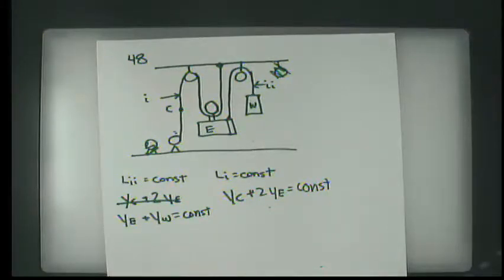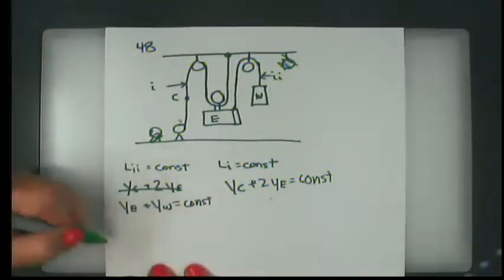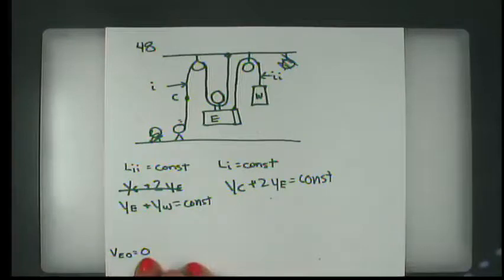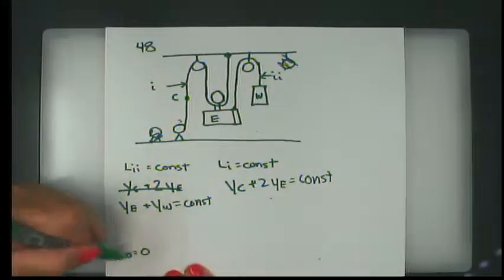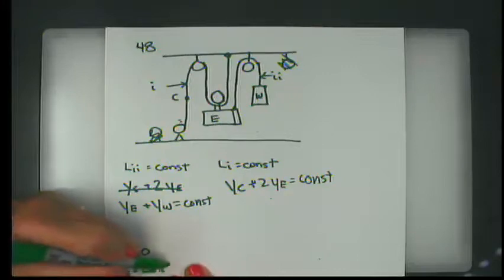All right, now the problem tells us some more information. The elevator E starts from rest. So that means that my velocity of E initial is equal to 0. And it moves upward with a constant acceleration. So the acceleration of E is a constant.